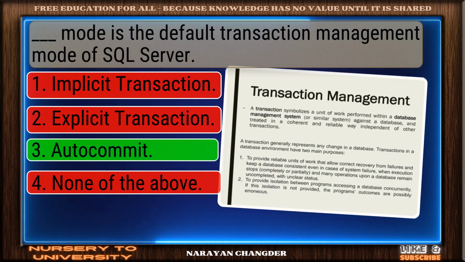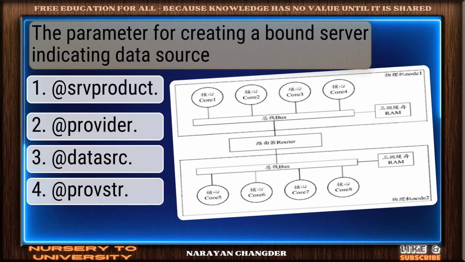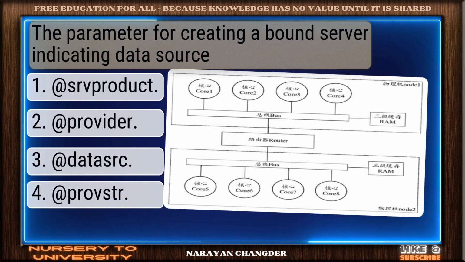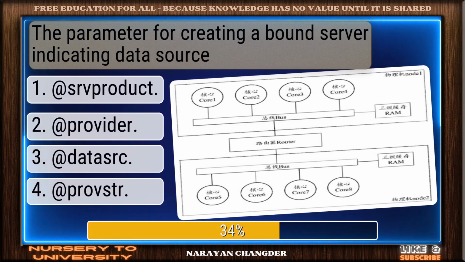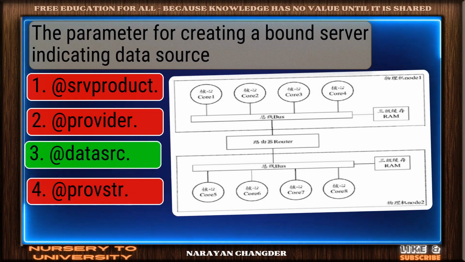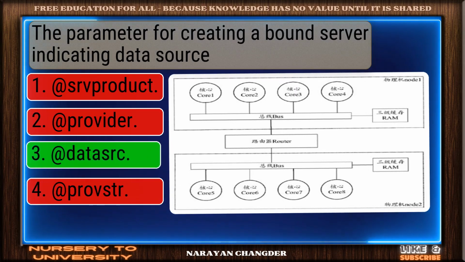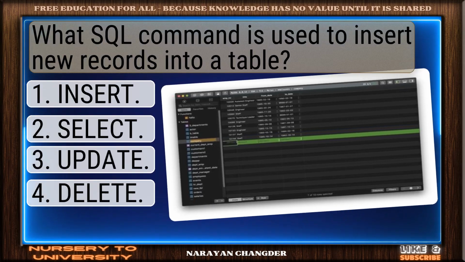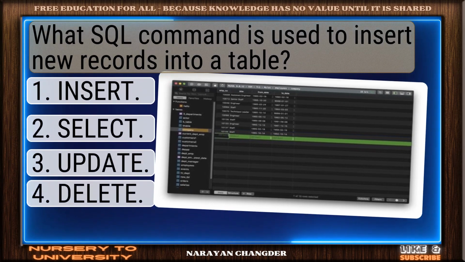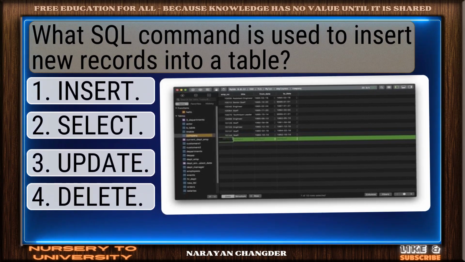Auto-commit is the right choice. Question number 28. The parameter for creating a linked server indicating data source. Well reasoned. Datasource is the correct choice. Question number 29. What SQL command is used to insert new records into a table?